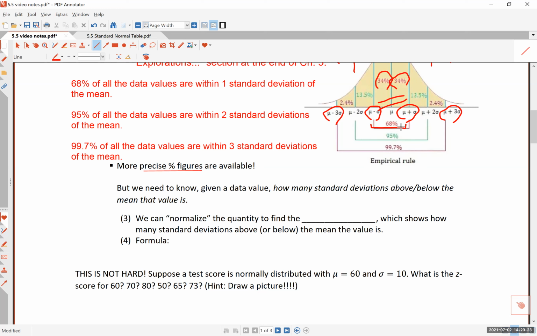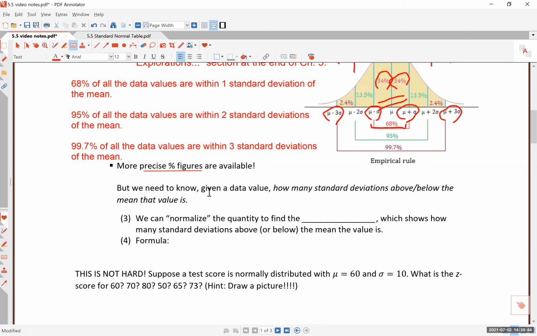So you have all kinds of normal distributions with different mu and sigma values. But there's a way to standardize all of those, and that is the normalization procedure, and the result is called the standard normal distribution. Let me explain what I mean by that.